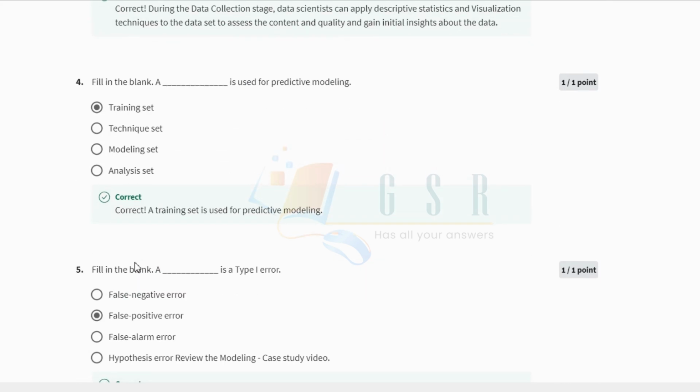The fifth one: a false positive error is a type 1 error. So what is a false positive? You have heard of terms like true positive, true negative, false positive, false negative.